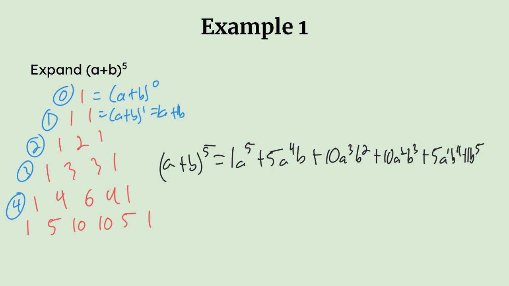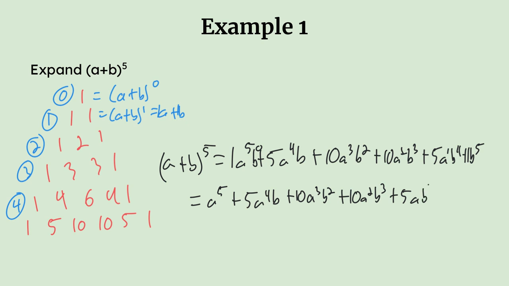So ultimately how we would write that is a to the fifth plus 5a^4 b, this is b to the 0 here, plus 10a cubed b squared plus 10a squared b cubed plus 5a b to the fourth plus b to the fifth.